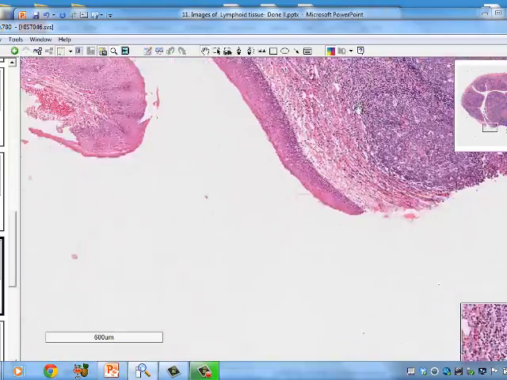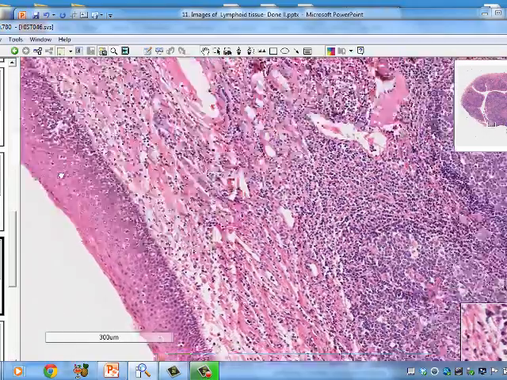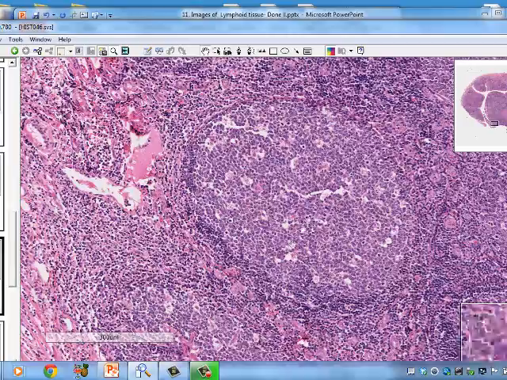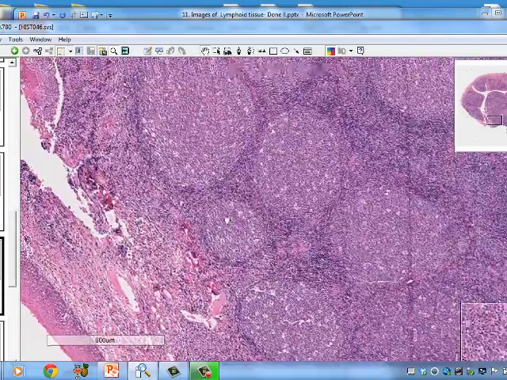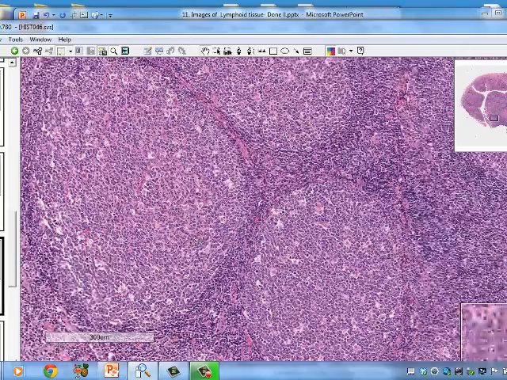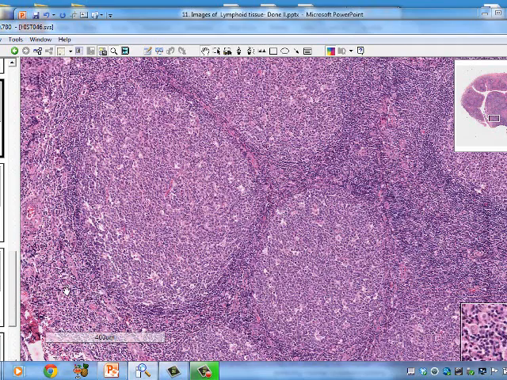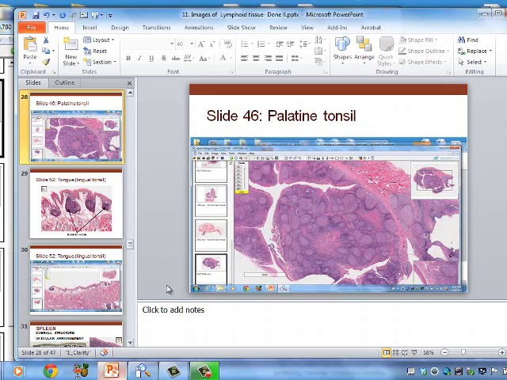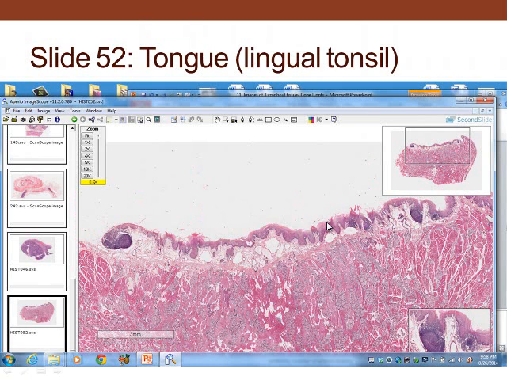So we can see stratified squamous epithelium non-keratinized, which is in the oral cavity, and then you have lymphoidal tissue and through here lymphoidal follicles that are located there. But again, you don't have a capsule around it. And so the tonsils, we can see more tonsils there.